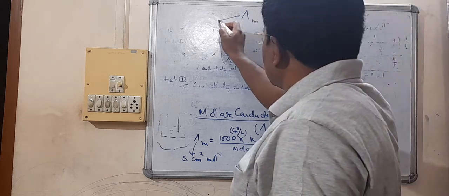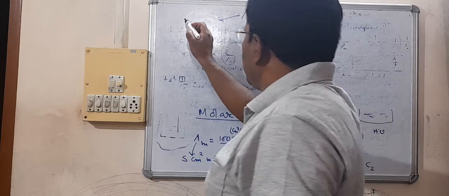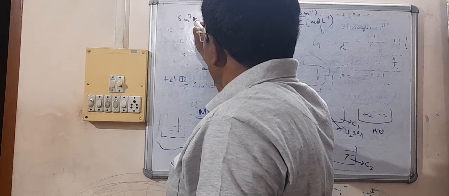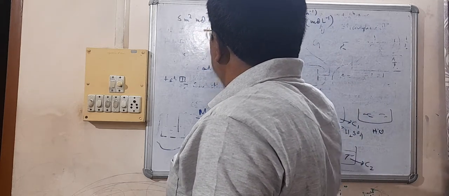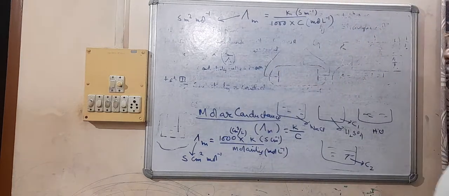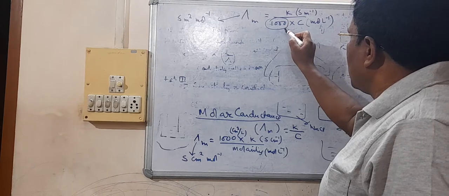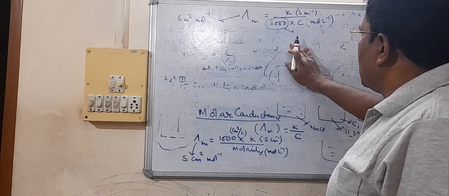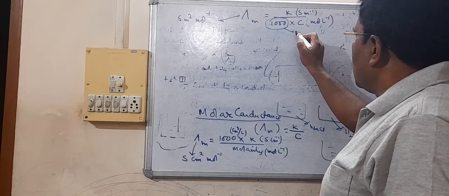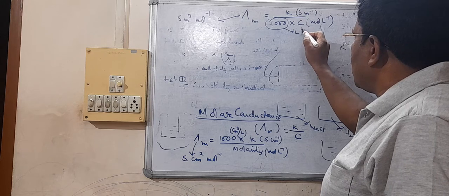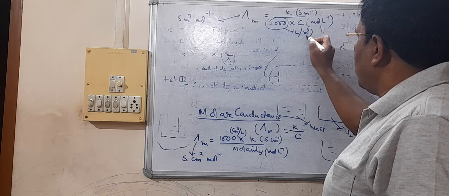In that case the unit of this molar conductivity will be Siemens meter square per mole, and this 1000 is in liter per meter cube.